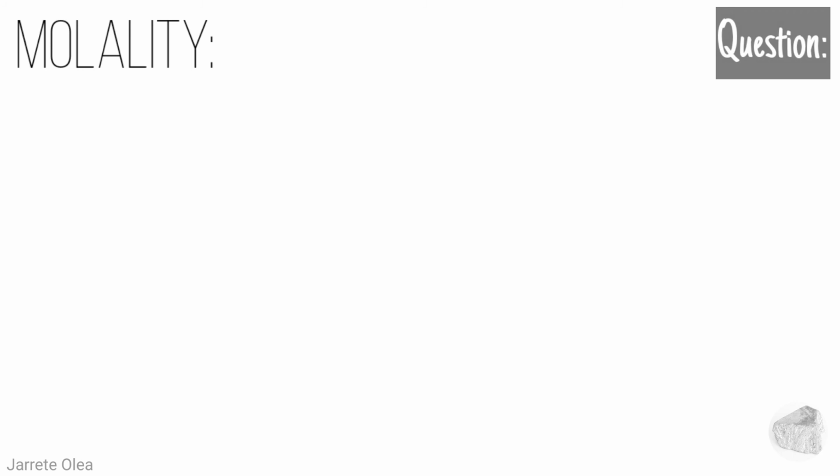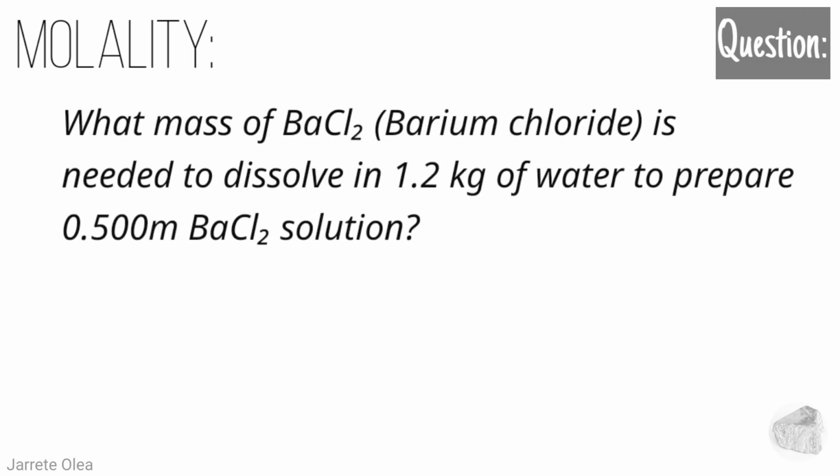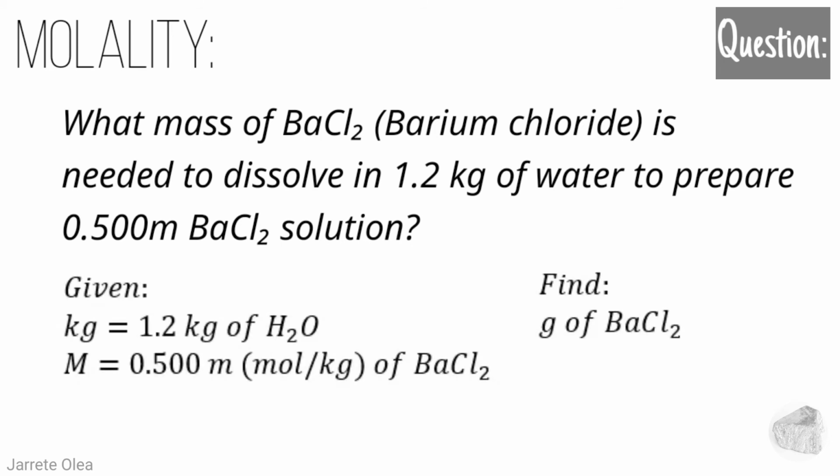Okay, how about this? What mass of barium chloride is needed to dissolve in 1.2 kilograms of water to prepare a 0.500 molality barium chloride solution? Our givens are 1.2 kilograms of the water solvent and the 0.500 molality of the barium chloride solution.